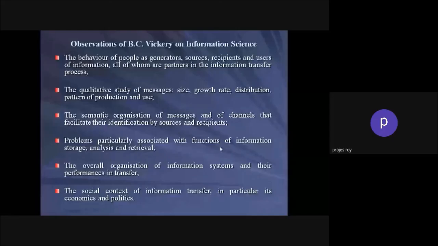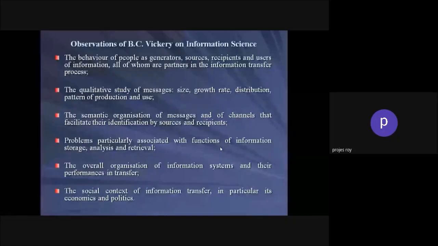Problems particularly associated with functions of information storage, analysis, and retrieval. The overall organization of information systems and their performance in transfer. The social context of information transfer, in particular, its economics and politics.